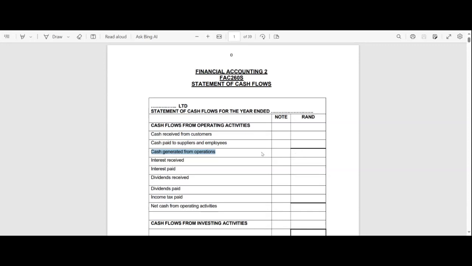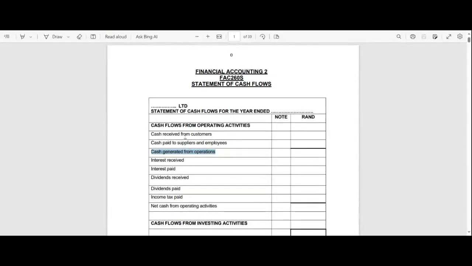Now, ladies and gentlemen, before we look at the various activities, you can see that using the direct method, there are only two line items or disclosable line items that you are going to show that will give you the cash generated from operations.